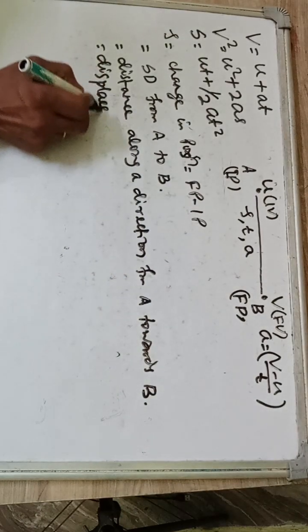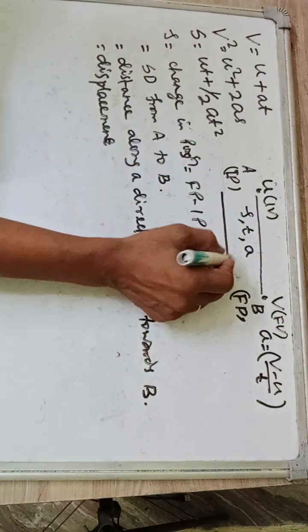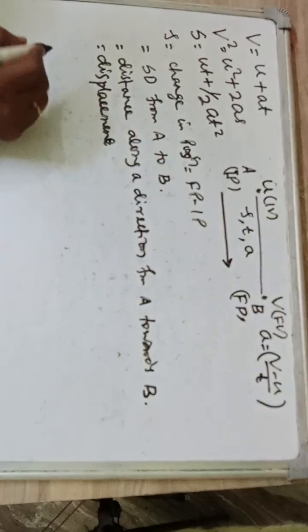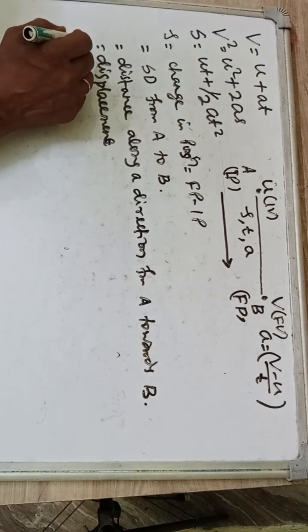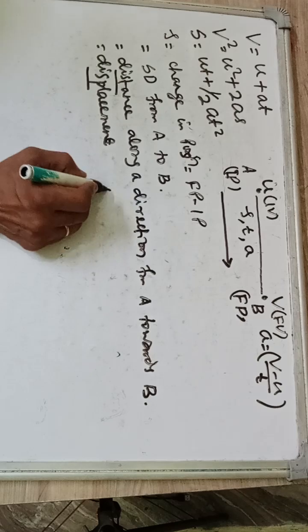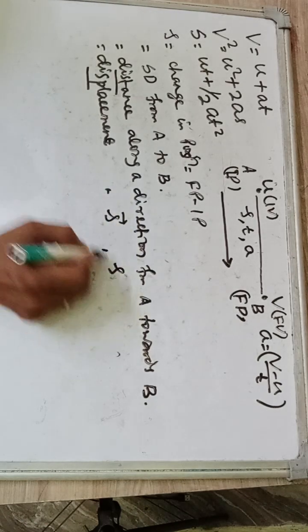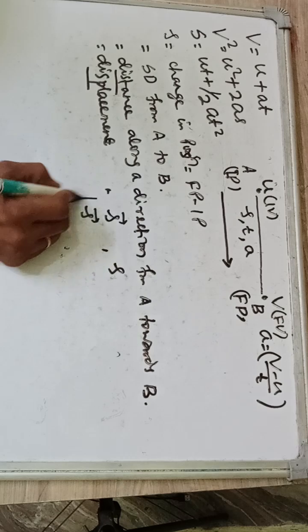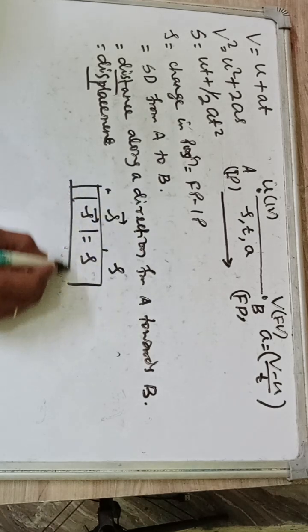That means if the object is moving in a straight line, its shortest distance becomes the displacement, s is the displacement. The magnitude of displacement is the same as distance.